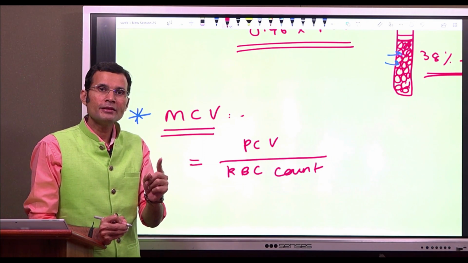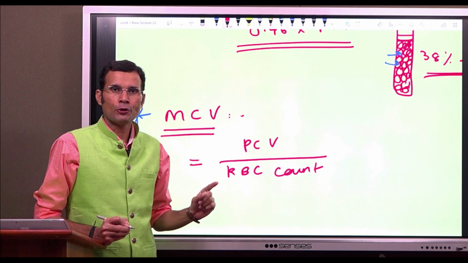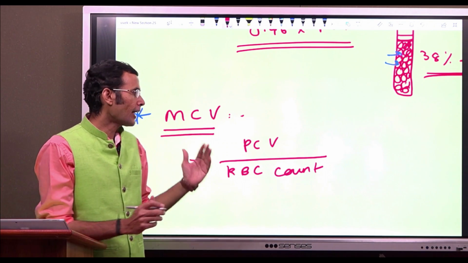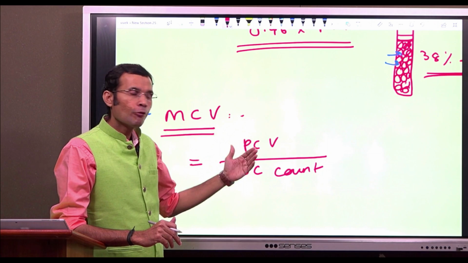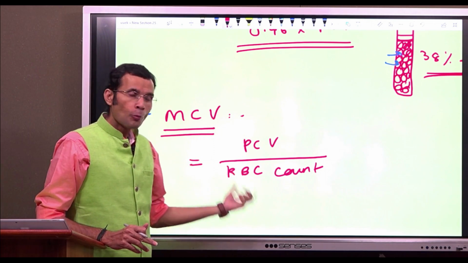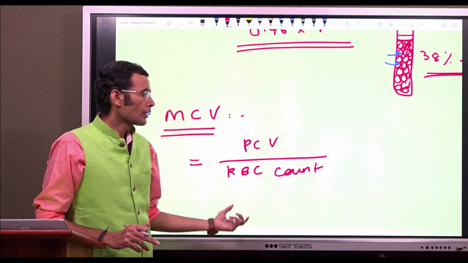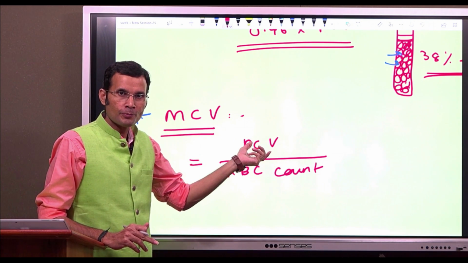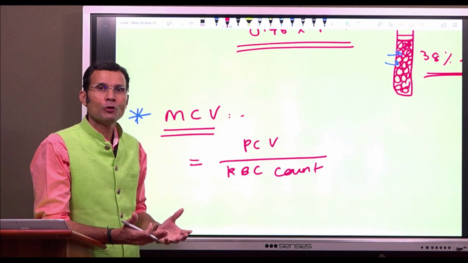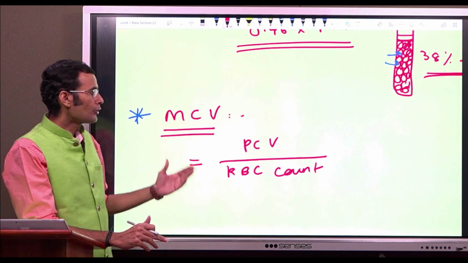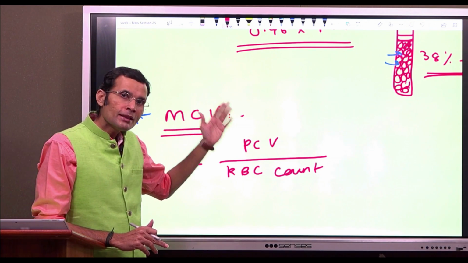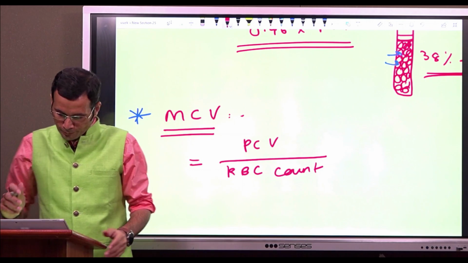then one RBC will have how much volume on an average, and therefore mean corpuscular volume is calculated as packed cell volume upon RBC count. I repeat once again, if so many RBCs have this much volume, then one RBC will have how much volume, and therefore MCV is calculated as PCV upon RBC count.